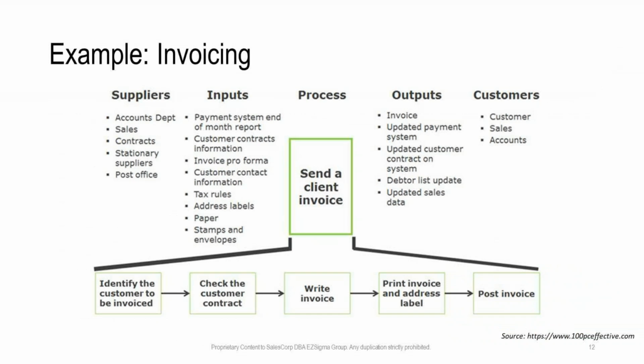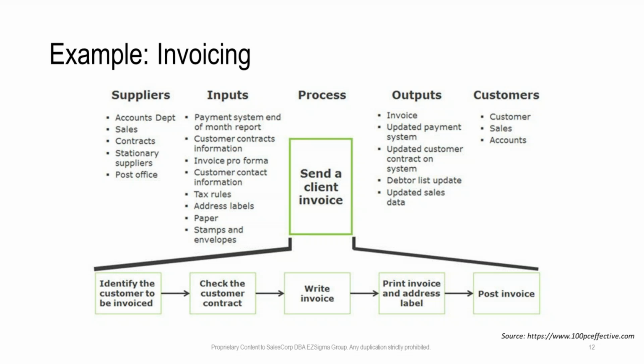A couple of examples. Here we have a process of invoicing, where we've got the key steps in the process: identify the customer to be invoiced, check the contract, write the invoice, print the invoice, post the invoice. And then, what are the inputs and suppliers, outputs and customers?